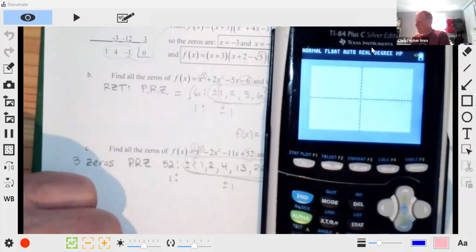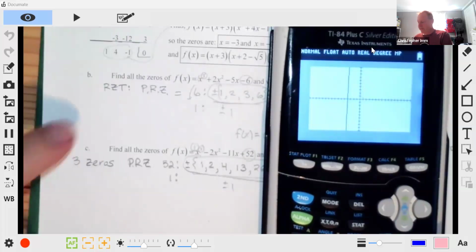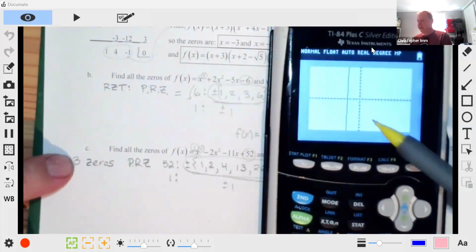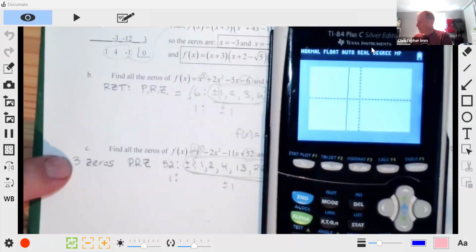And graph it. All right, I see 1, and that's all it takes. So, you know, I'm looking for 3 zeros. I only see 1, but if I can factor that in, then I can find the other 2 by the quadratic formula. So this one looks like it's at -4.